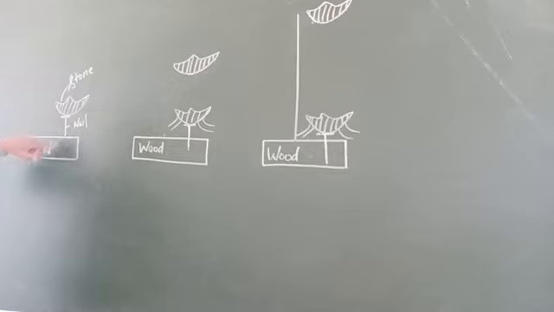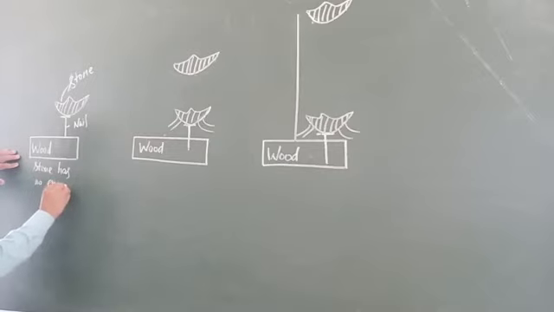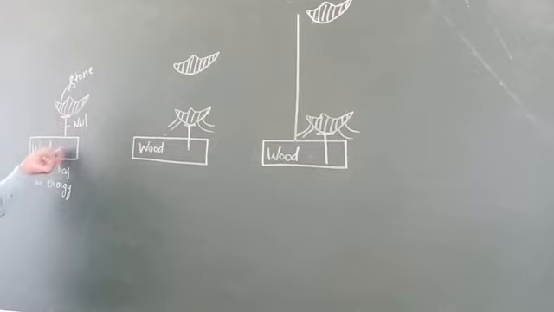In this situation you observe that the stone has no capacity to displace the nail into the wood. So we can say that the stone has no energy, because it cannot displace the nail into the wooden block.